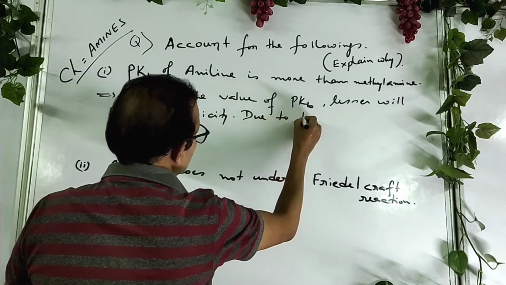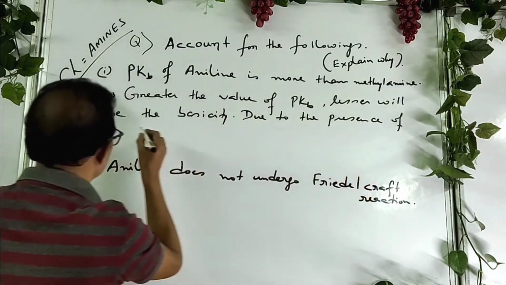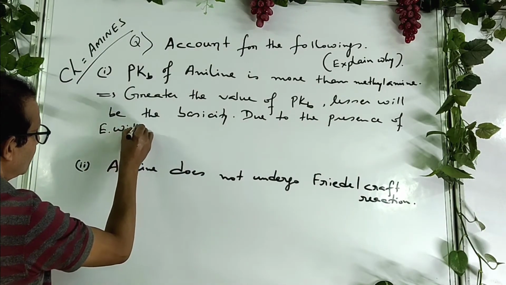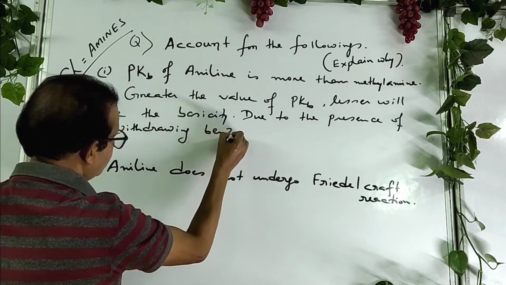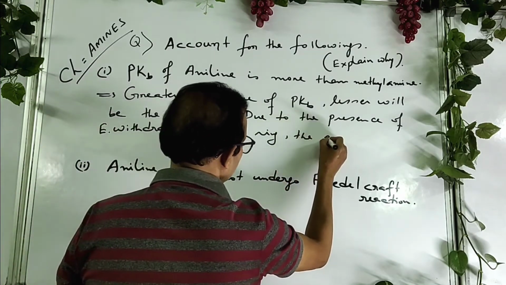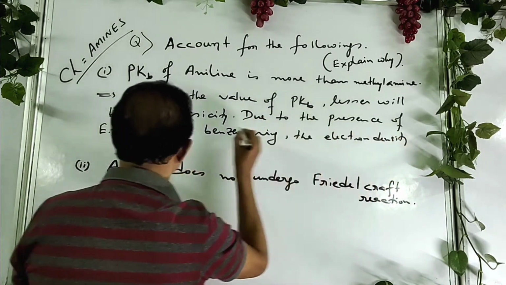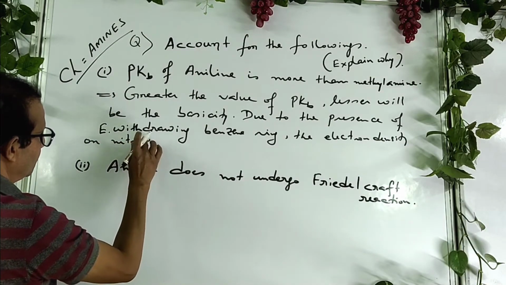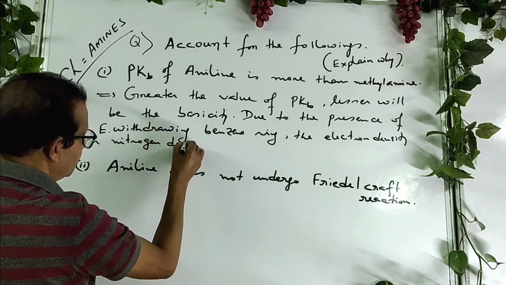Due to the presence of electron withdrawing benzene ring, the electron density on nitrogen decreases.